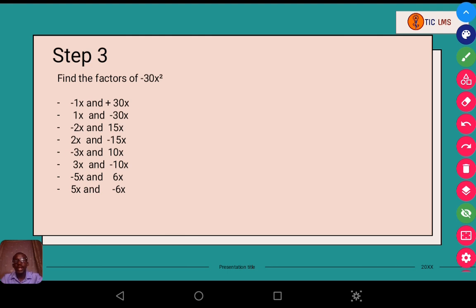The approach I use for this is to start with the simplest number or the smallest number, which in this case is 1. So 1 multiplied by 30 would give 30. The next number after 1 is 2. 2 multiplied by 15 will give 30. Next number is 3. 3 multiplied by 10 is 30. Next number is 5. 5 multiplied by 6 is 30.